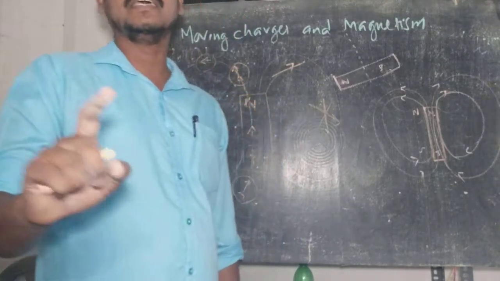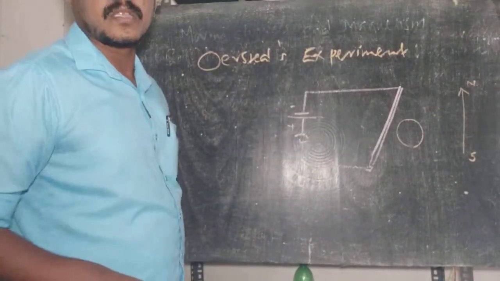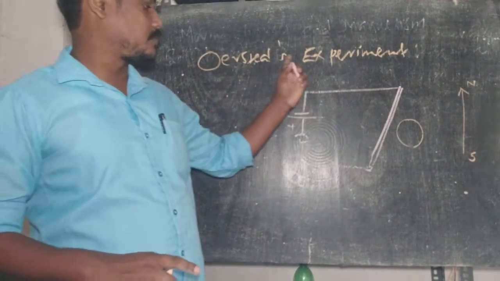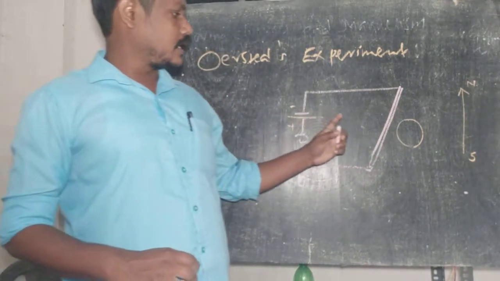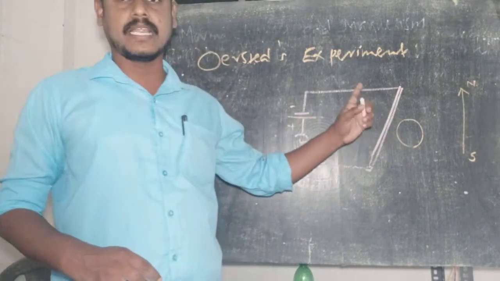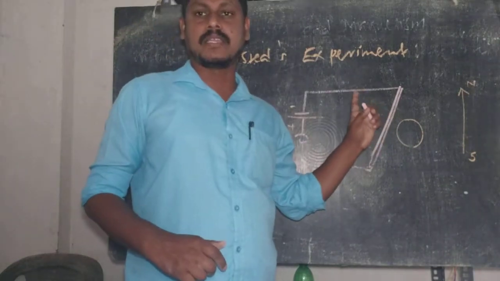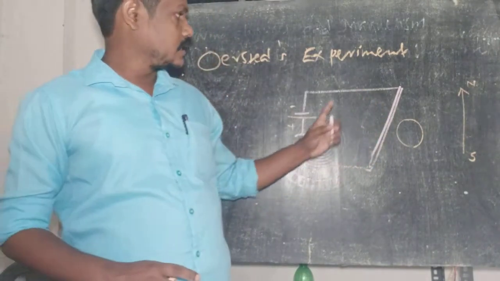That we will discuss in detail. Now we are discussing Oersted's experiment on magnetism, to prove that magnetism is generated by the flow of electric current.